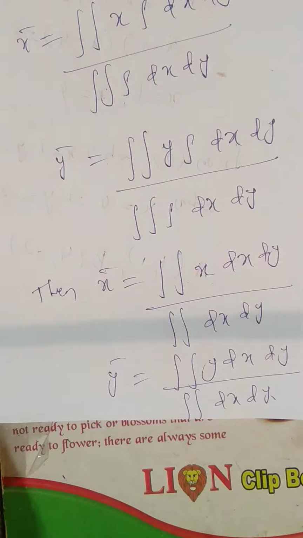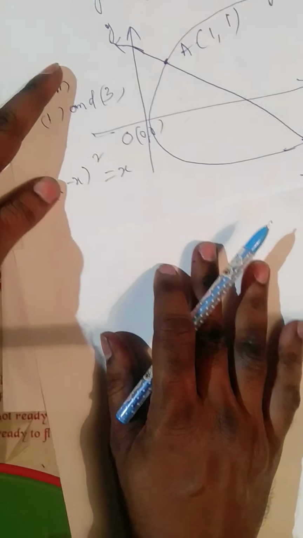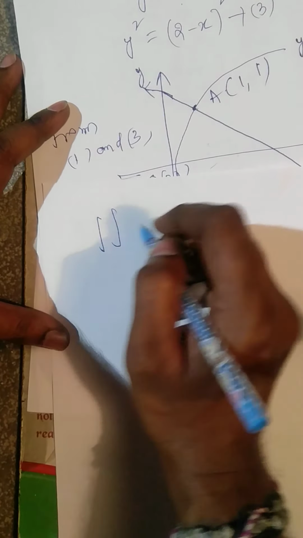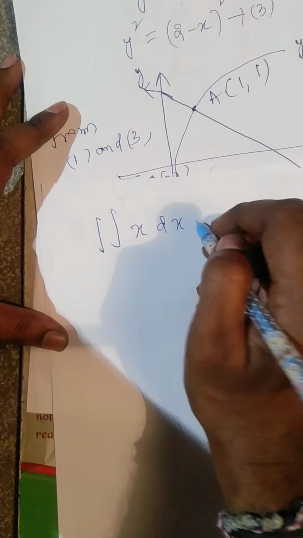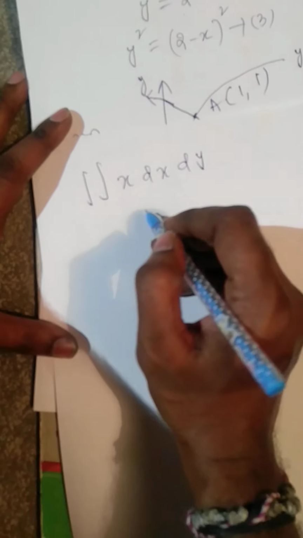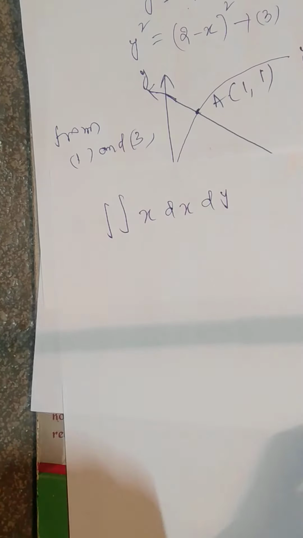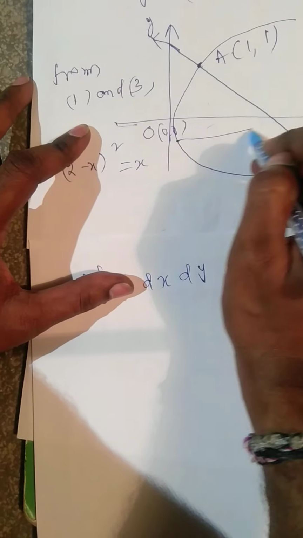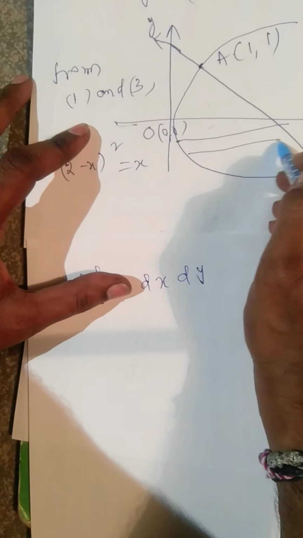Is it clear? So now first we can find the double integral of x dx dy. We have to take the limits, so for that I'm going to consider this horizontal strip.